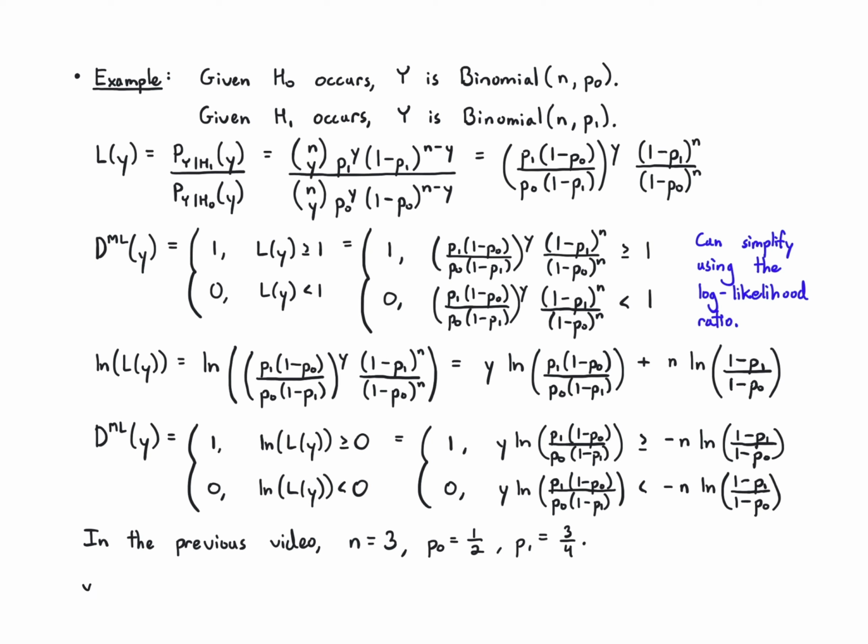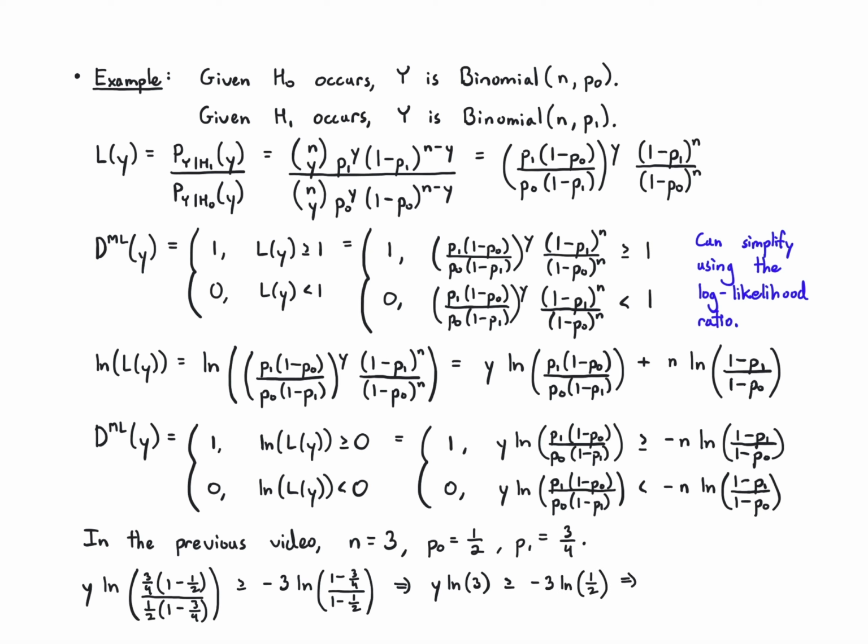If you plug those numbers into this formula, you'll get y times the log of 3/4 times 1 minus 1/2, over 1/2 times 1 minus 3/4, greater than or equal to minus 3 log of 1 minus 3/4 over 1 minus 1/2. And that simplifies down to y log 3 greater than or equal to minus 3 log 1/2. And that simplifies down to y greater than or equal to 1.89.